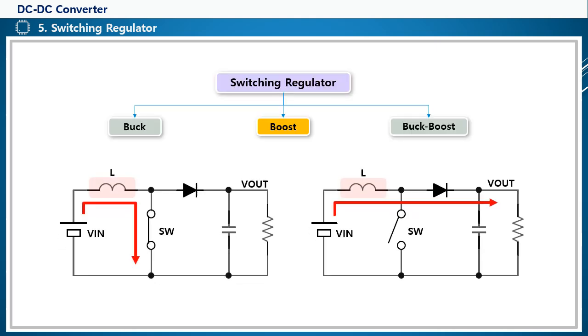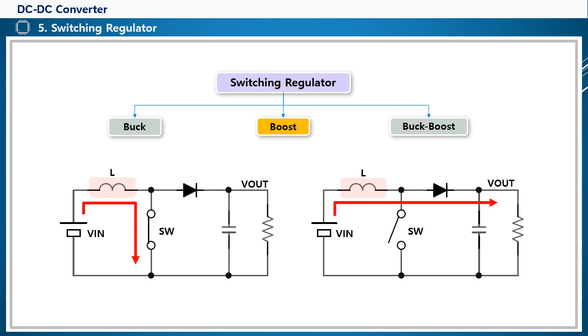If we look at the operation of the booster, which is a step-up converter, when the switch is turned on, energy is stored in the inductor, and when the switch is turned off, the energy stored in the inductor is transferred to the output terminal. In other words, the input DC current is stored in the inductor through the switch, and when the switch is turned off, the energy stored in the inductor is transferred to the output terminal.